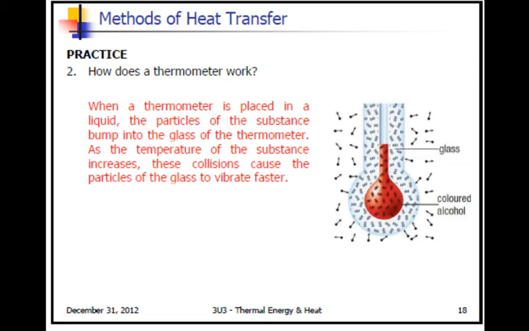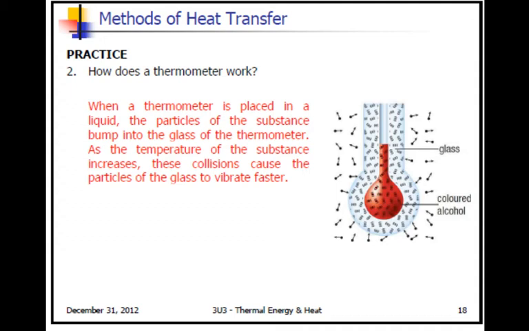So you might wonder how a thermometer works. When we place a thermometer in a liquid, the particles, the molecules in the liquid will hit the glass of the thermometer.